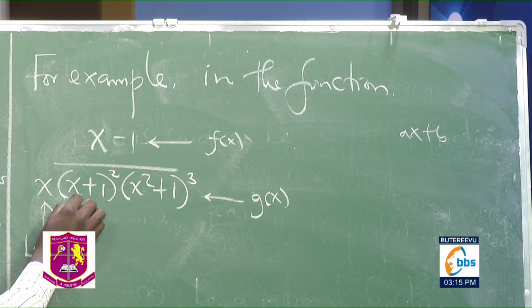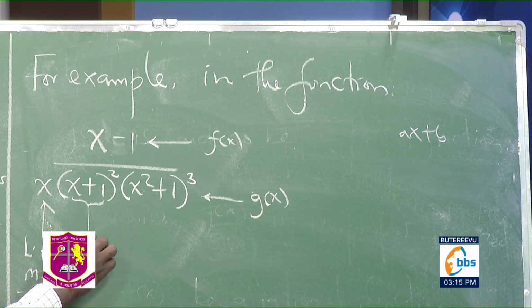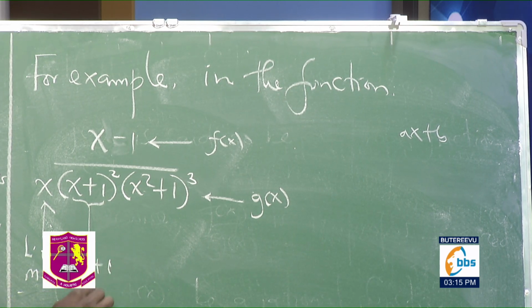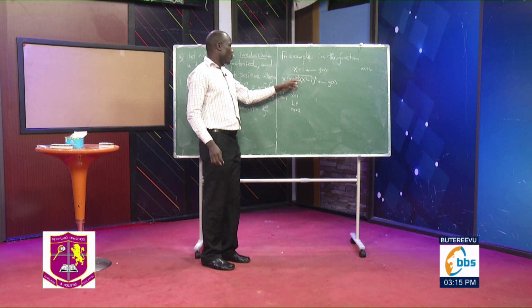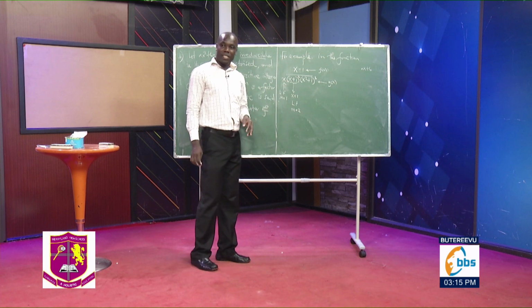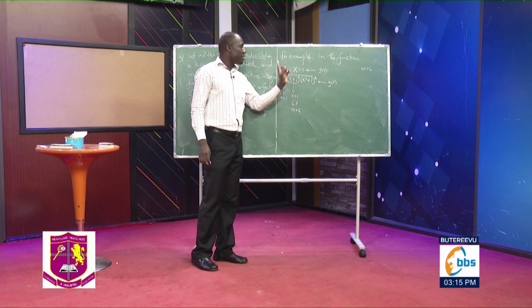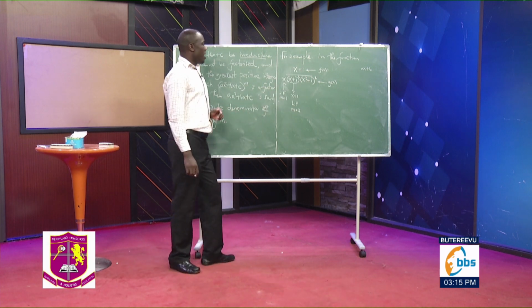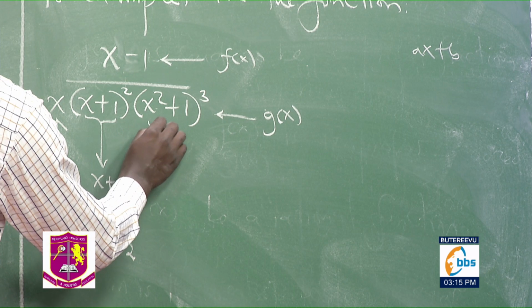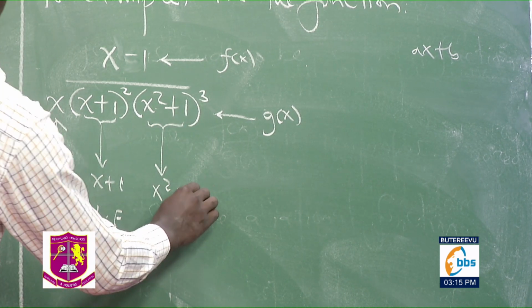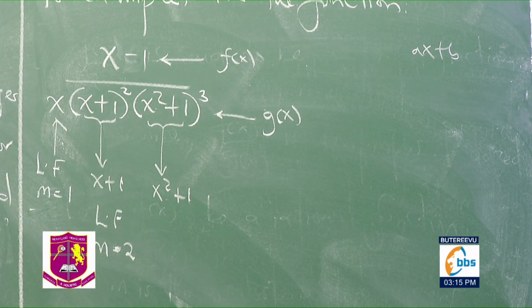Then this factor here, that is x plus 1, is also a linear factor, but it has multiplicity 2. That is, 2 is the greatest positive integer for which x plus 1 to the power m is a factor of the denominator.